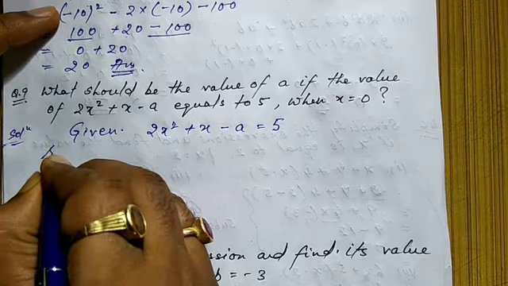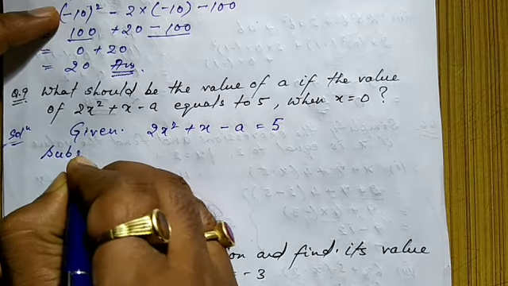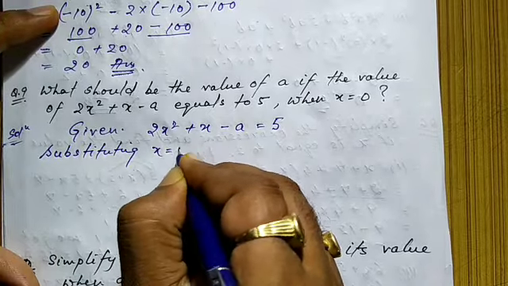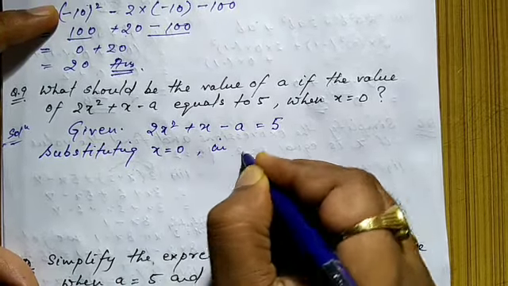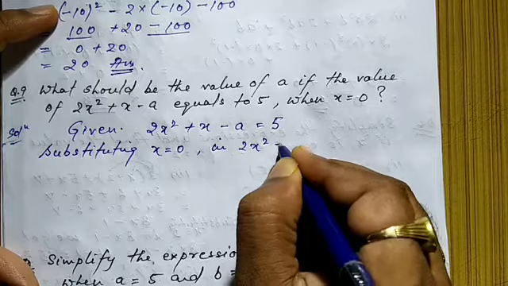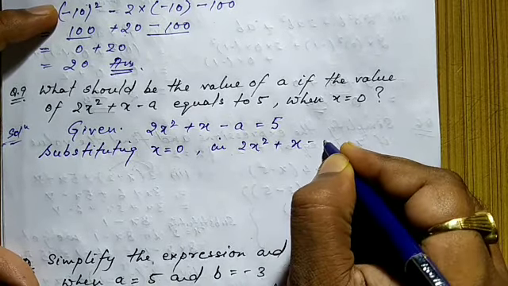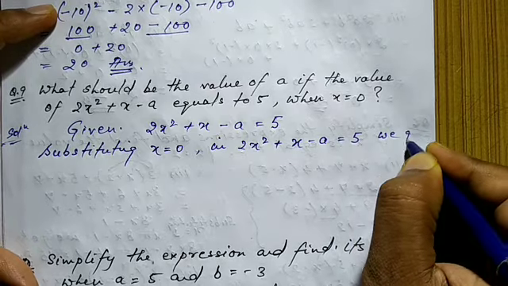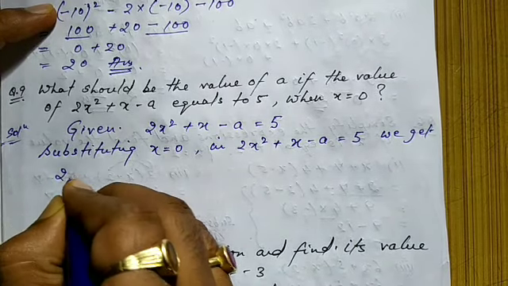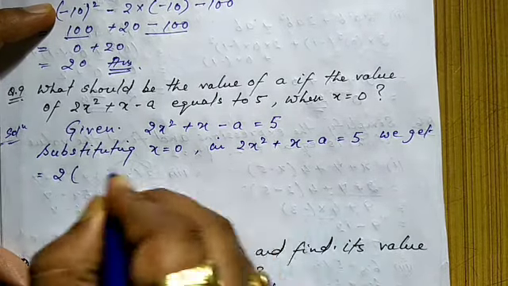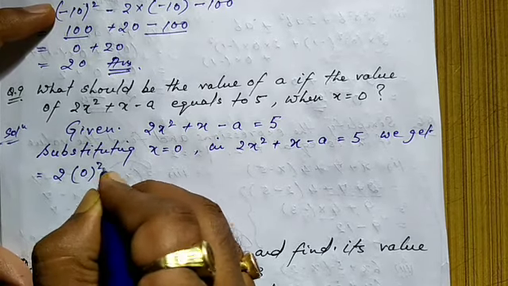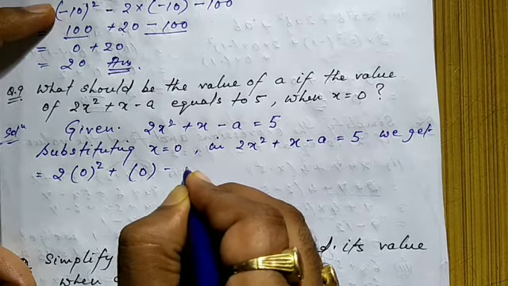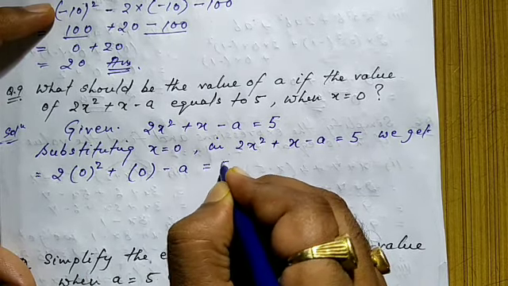Okay, so substituting x is equal to 0 in 2x square plus x minus a is equal to 5, we get 2 into 0 square plus x value, which is 0, minus a is equal to 5.